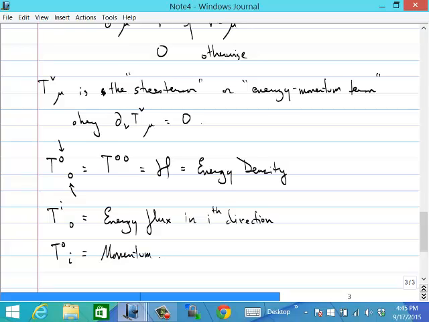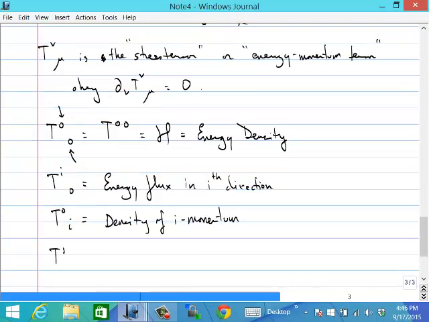It's the density of i momentum. So if you have x momentum, it's the density of x momentum, the thing that you integrate in order to get the total x momentum.